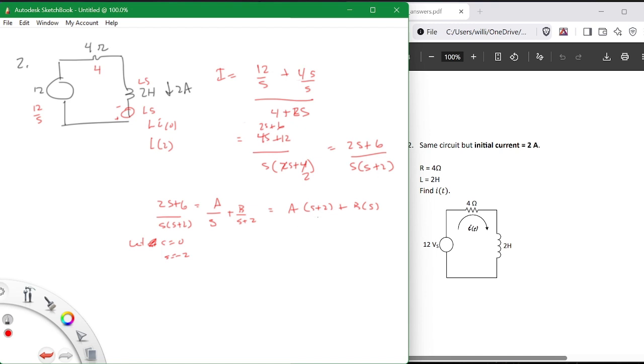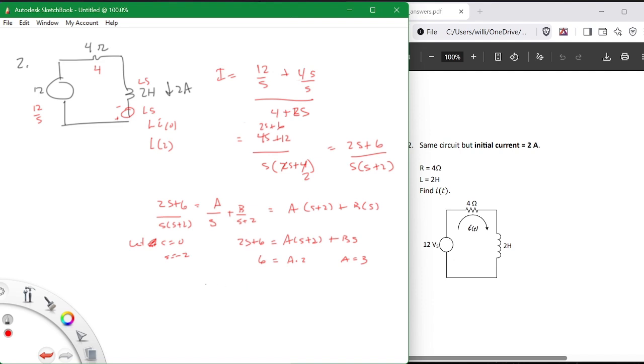So here we have 2S plus 6 equals A times S plus 2 plus B times S. If S equals 0, we have 6 is equal to A times 2, or A equals 3.